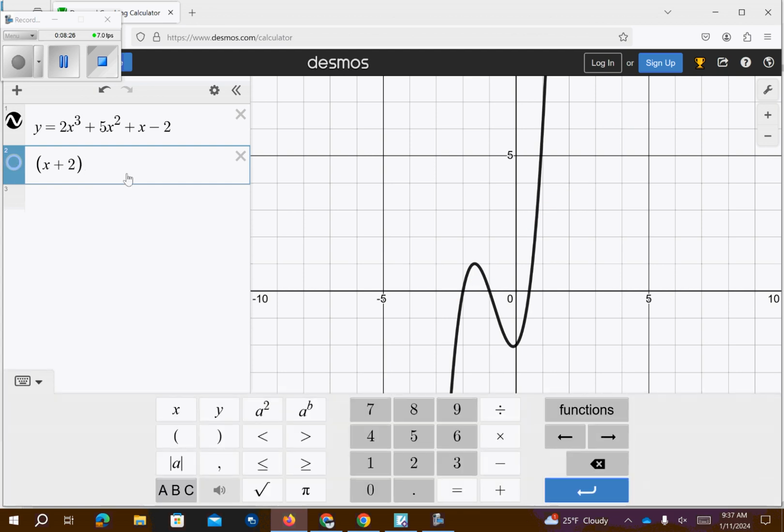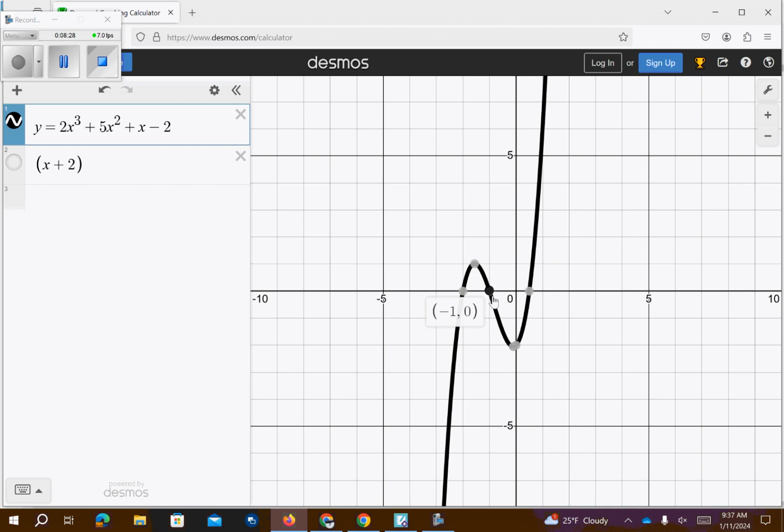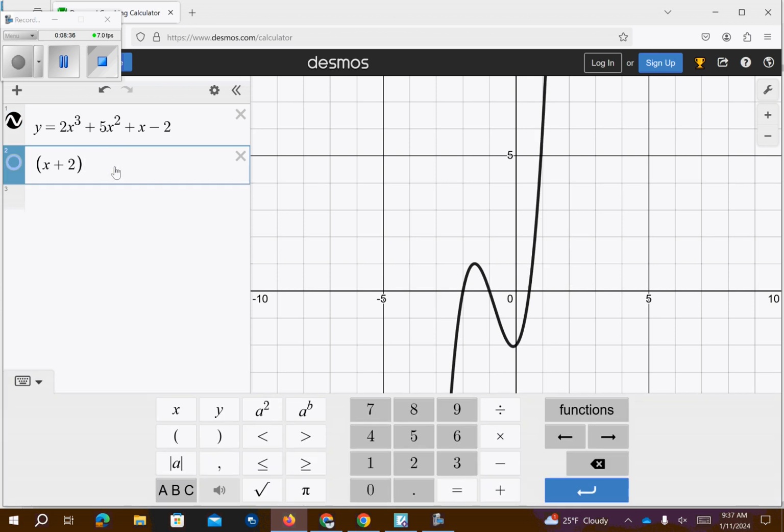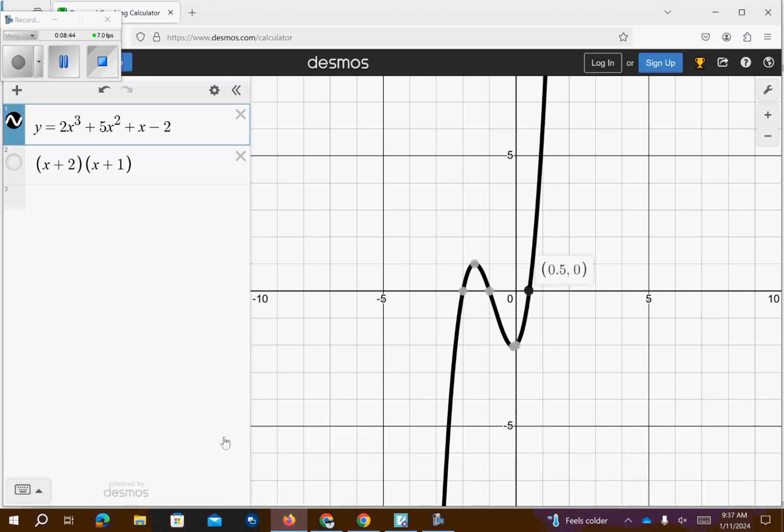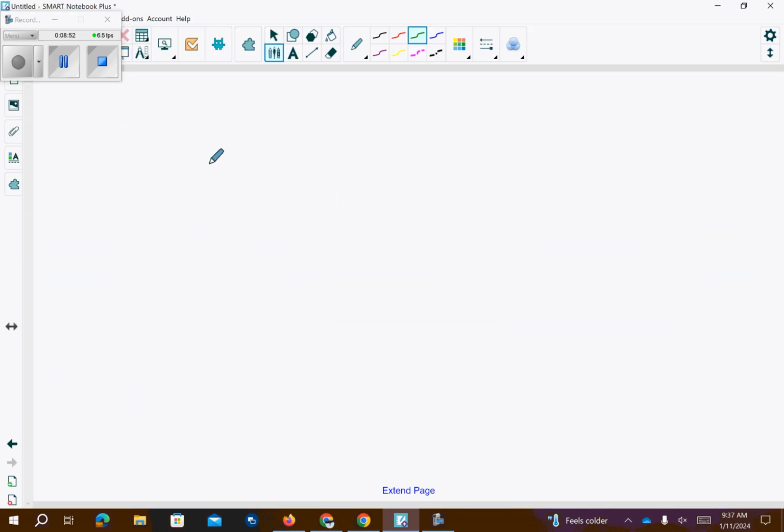And then going back to my... What should the binomial be at -1? x plus 1, okay. And then we have that last one here. 0.5 is the same as what fraction? 1/2. So 0.5 is equal to 1/2.